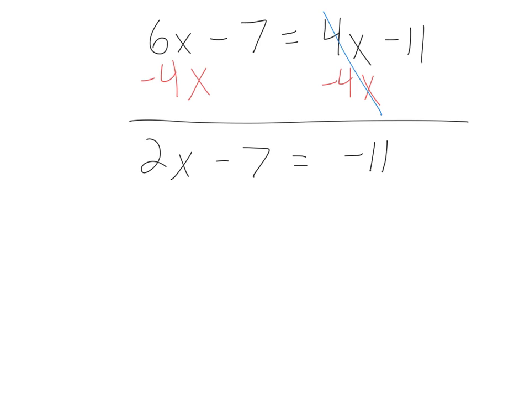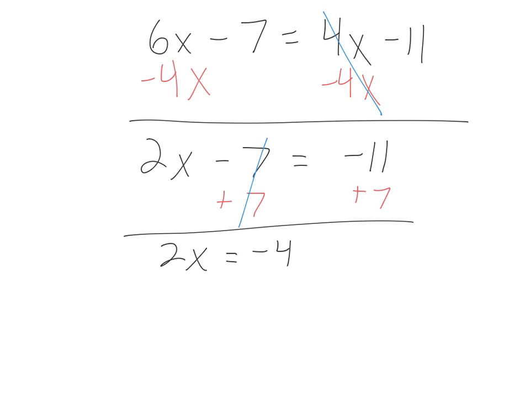Now this looks like a two-step equation that you did in Unit 7. What I'm going to do is add 7 to both sides. These 7's cancel. I'm left with 2x equals, now negative 11 plus 7 is negative 4. I'm going to divide both sides by 2. Those 2's cancel.